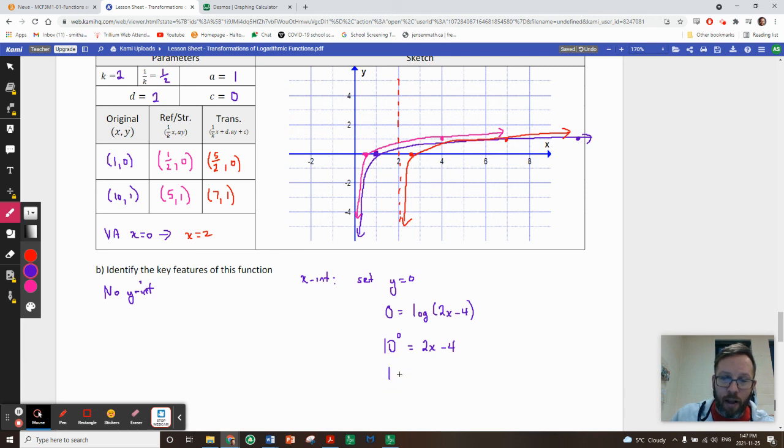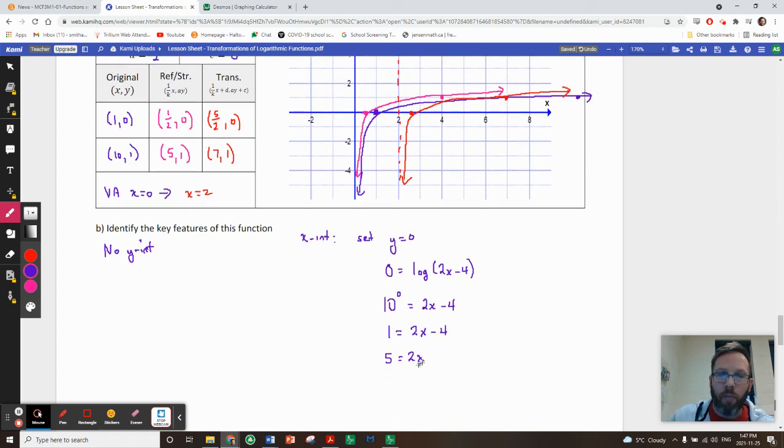It's useful here. 10 to the power of 0 is 1. 1 equals 2x minus 4. Move the 4 over. And what I just realized as I'm mathematically doing this is that one of our anchor points actually got transformed to this one. So we actually already knew the x-intercept, but maybe it was a good exercise just to verify that. Just good practice maybe on the whole.